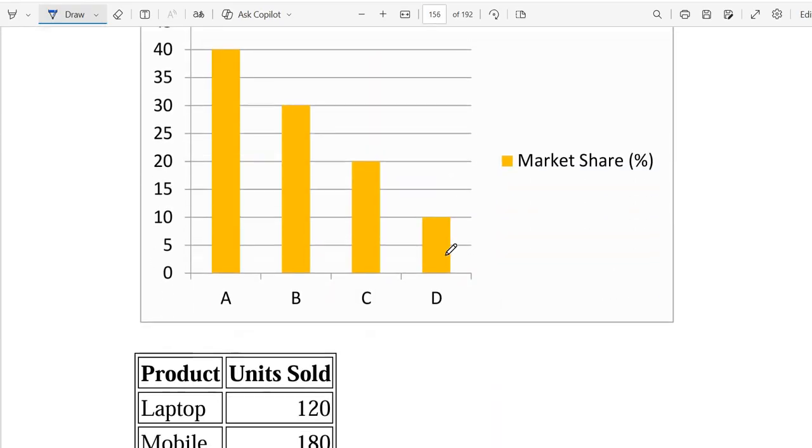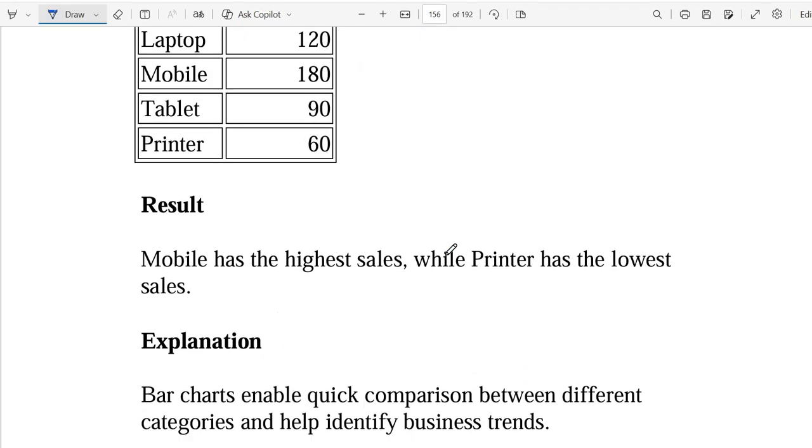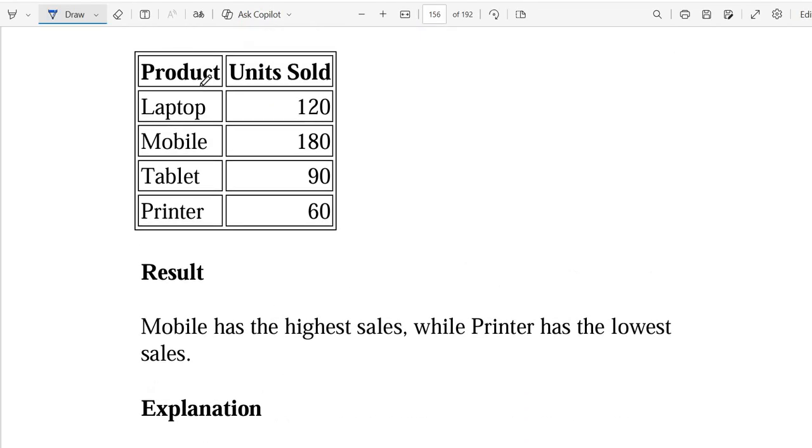This is the product and units sold. Mobile has the highest sales, while printer has the lowest sales, right? According to this, we will prepare the bar chart or bar graph.